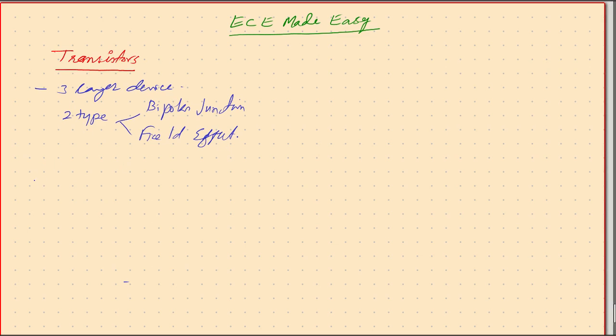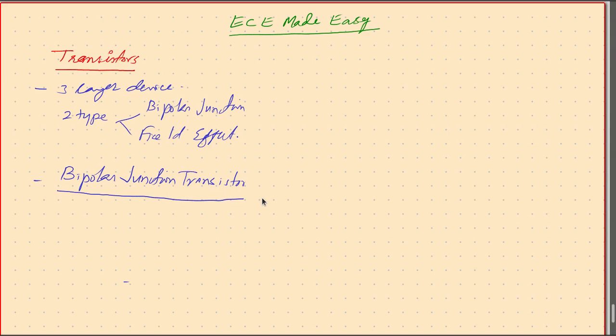So let's start our journey with what a bipolar junction transistor is and how it creates wonders and become a stepping stone into this new era of electronics and communication.